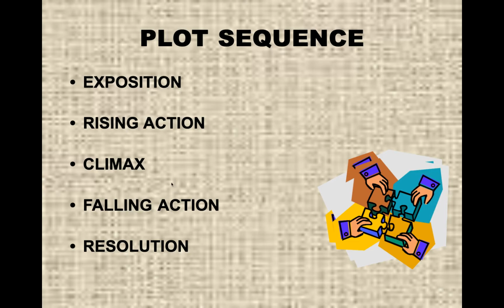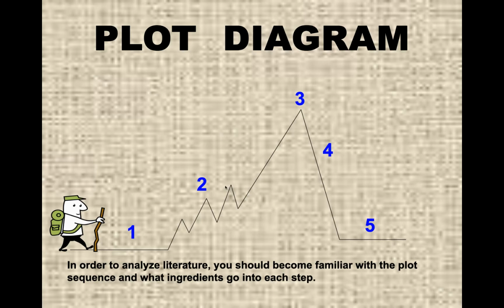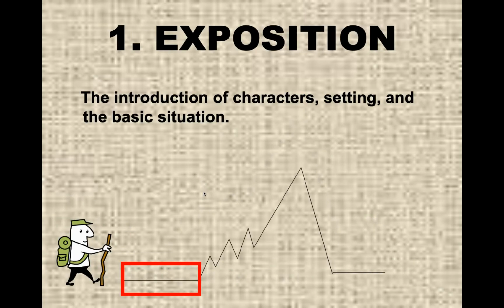Anytime you watch a movie, a TV show, or read a book, there's always this plot sequence. There's always an exposition, rising action, climax, falling action, and resolution, as you'll see. Many of you have seen the plot diagram. I call it a house or a mountain, whatever. This little mountain this guy's going to ride up. First, you've got the introduction, this first part.